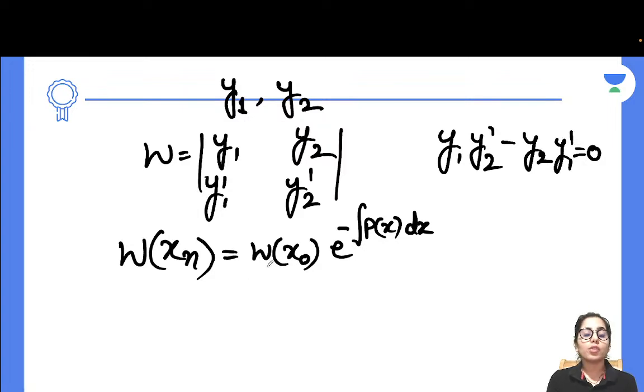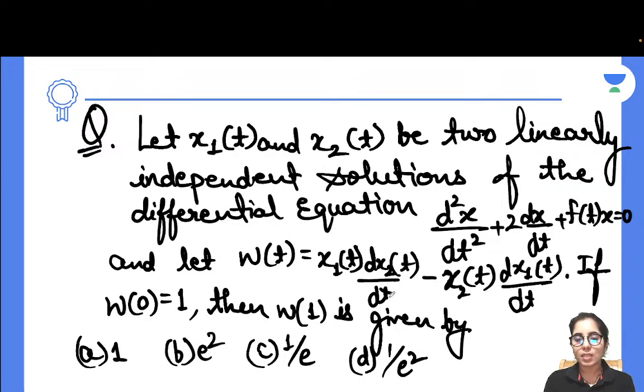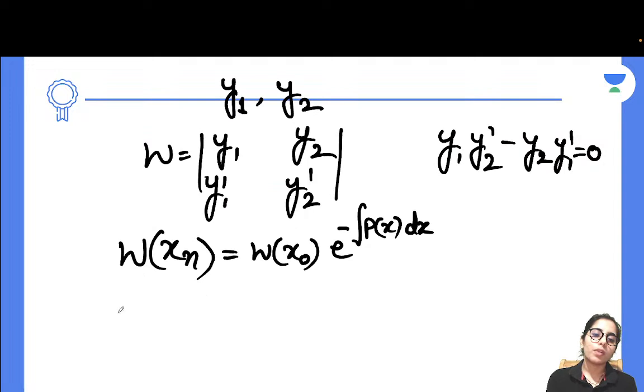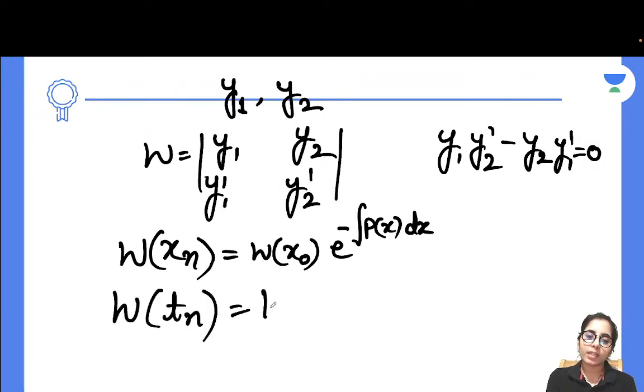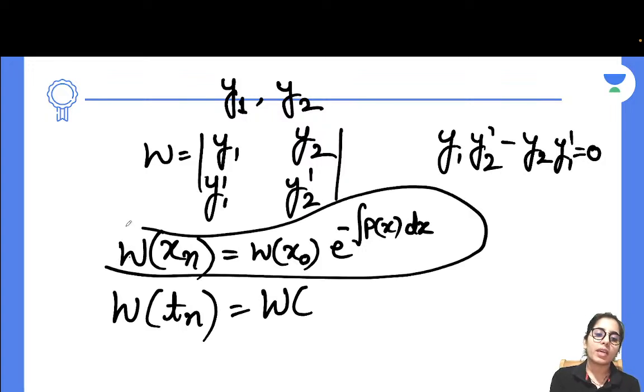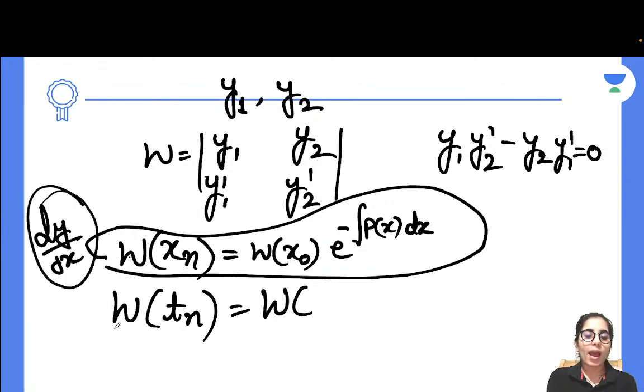But here I was taking everything as a function of x. In this question, since dt is in the denominator, everything is a function of t. So if we are going to write the expression for this one, we have to write it this way. This is for dy over dx form, and right now you are having dx over dt form.